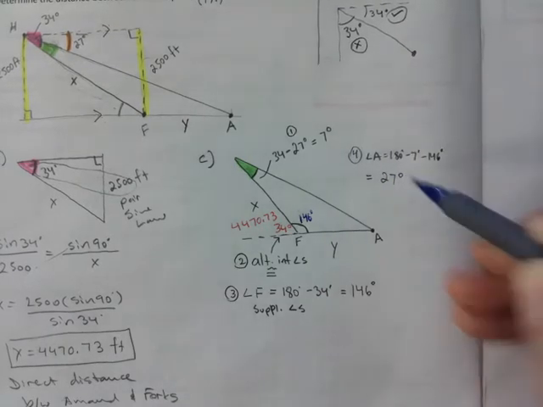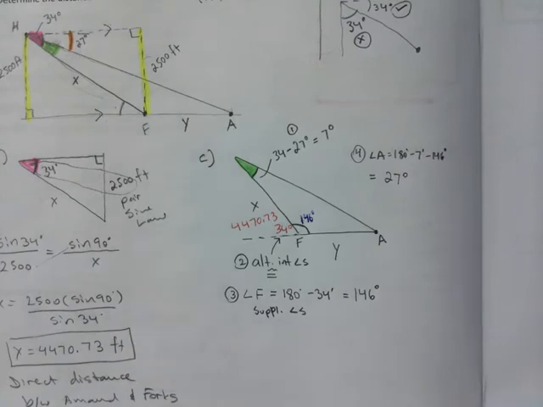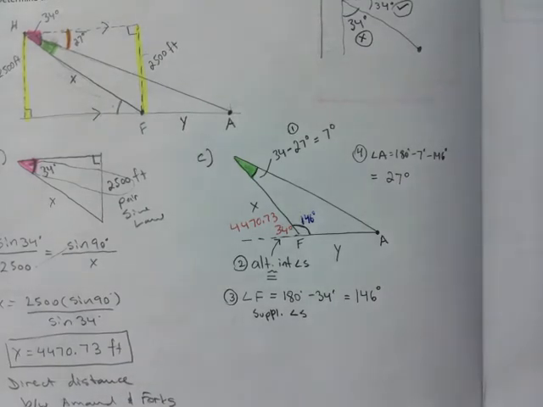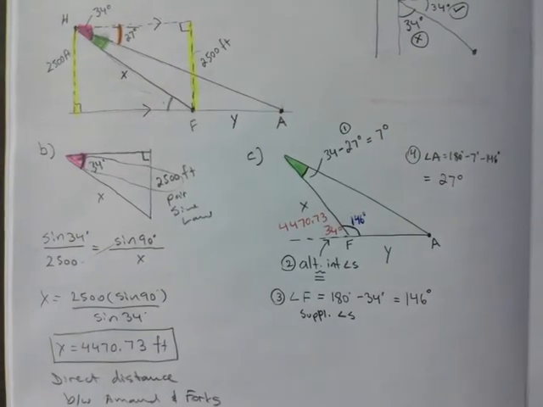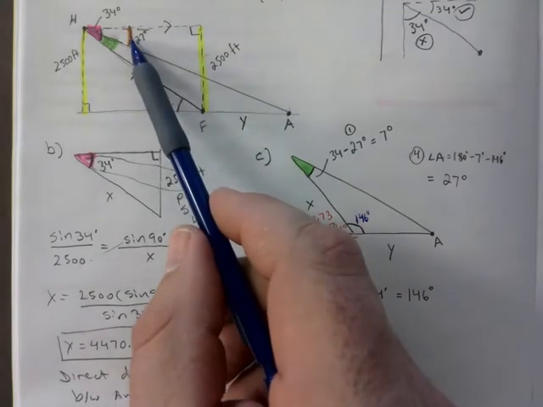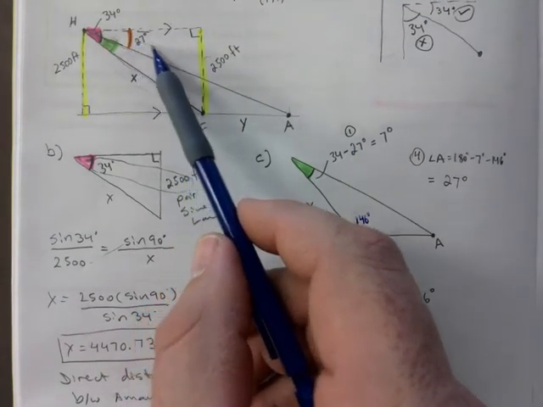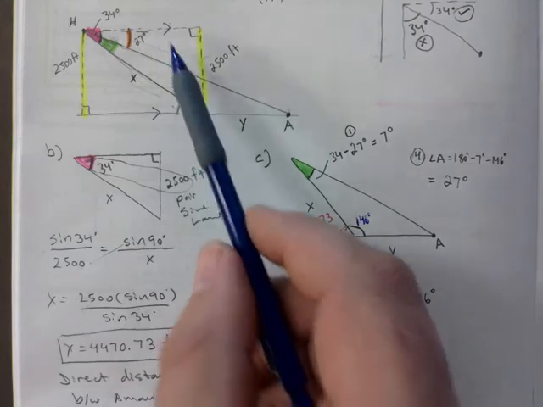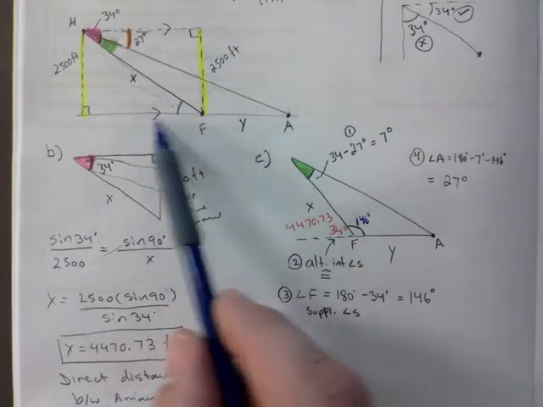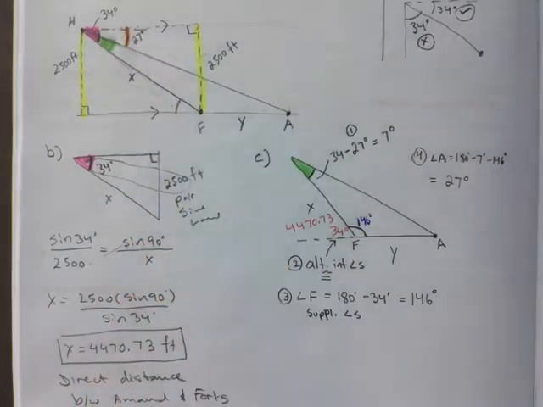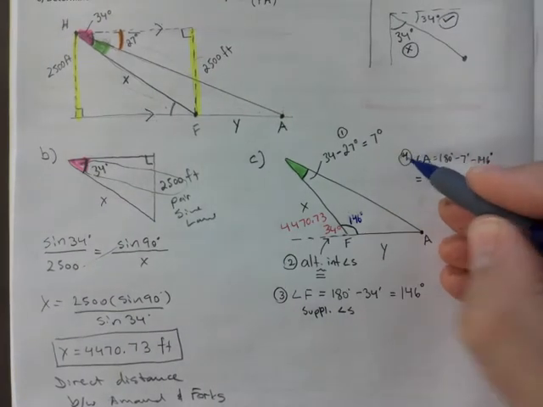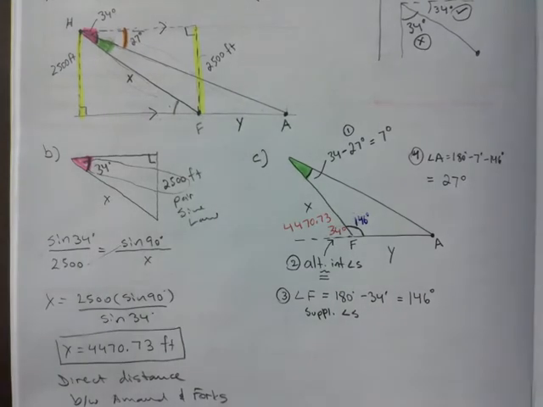Do you recognize 27? Where else do you see 27? It's right up here. So how could we have used alternate interior angles here as well? Yes, because of the parallel lines. There are many ways to get your answers, but it's all connected, it all jives, okay? Everything is connected that we're doing here. So this is step number 4. So let's put 27 in there as well.